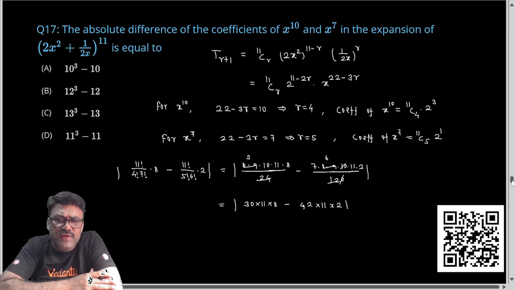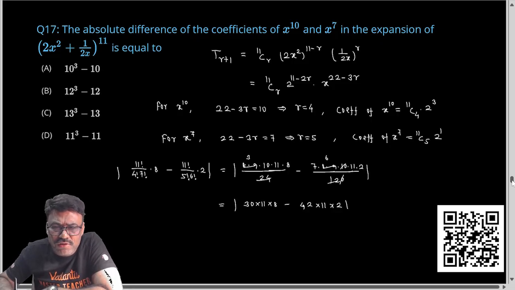And just simplify it and see which option is the correct option here. If I just check the unit digit, here I'm getting unit digit 0, and here I'm getting unit digit 4. So 10 minus 4, 6, means in my answer, unit digit should be 6 only.